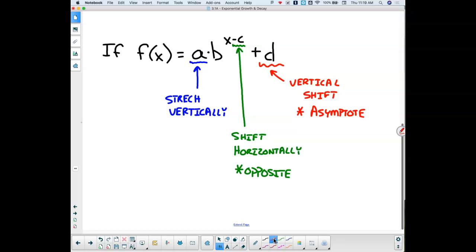But again, the easiest points to find are going to be when your exponent is equal to 0 and when your exponent is equal to 1. Okay?